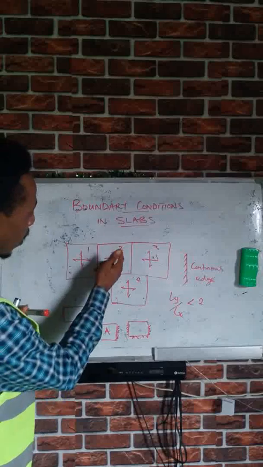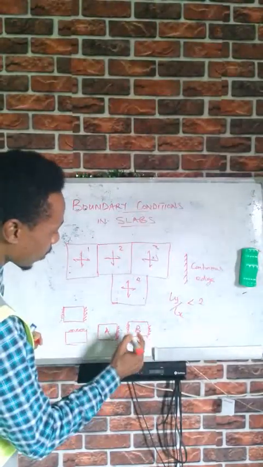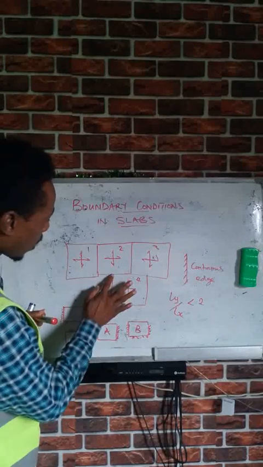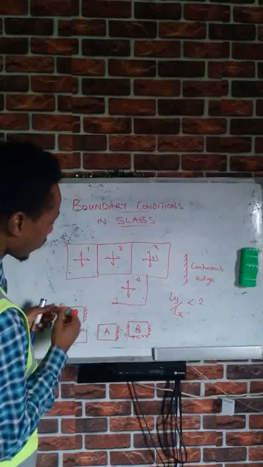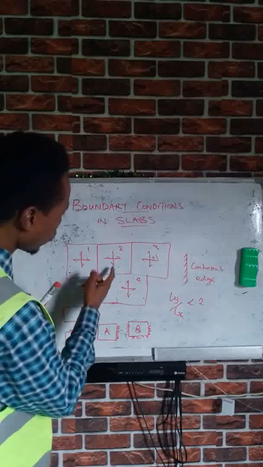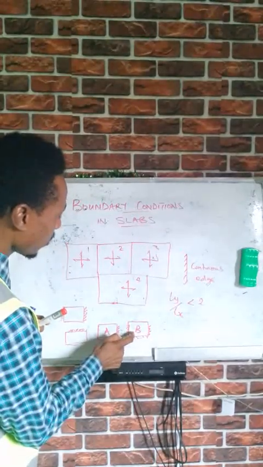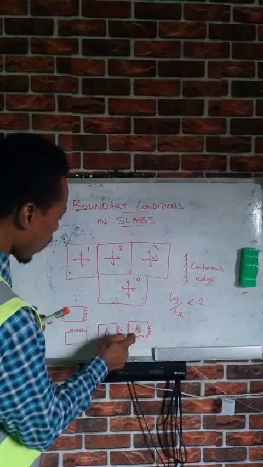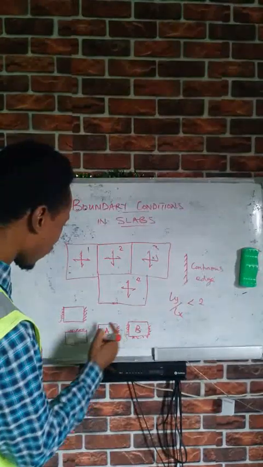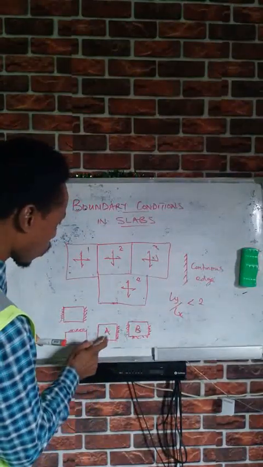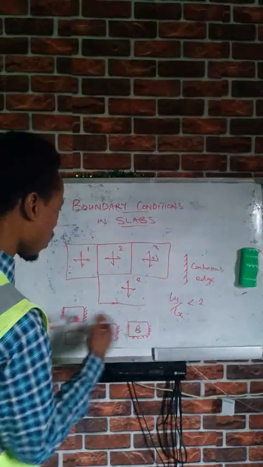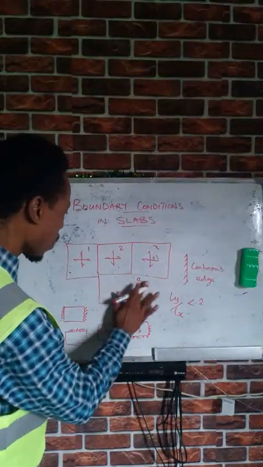Partly, let's assume this extends to this point, so panel 2 satisfies this boundary condition. Panel 3 also satisfies this condition because it is continuous at this edge and free.